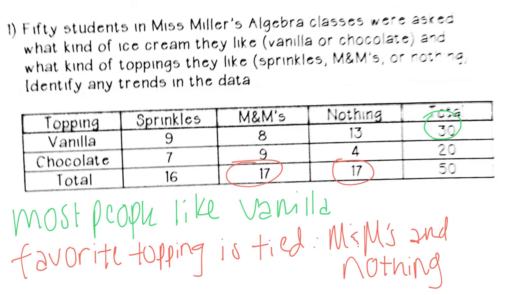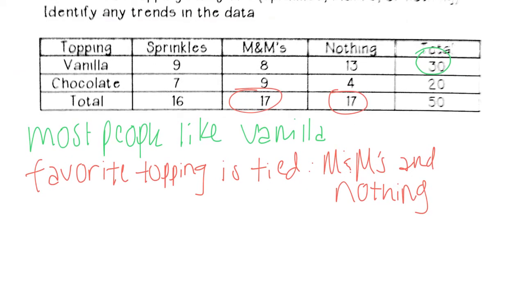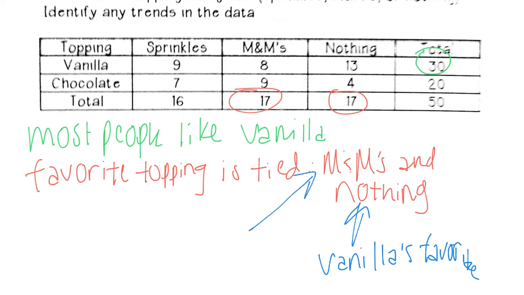Or you could even go a little bit further and you could state that the nothing was vanilla's favorite, and that the M&Ms was chocolate's favorite.